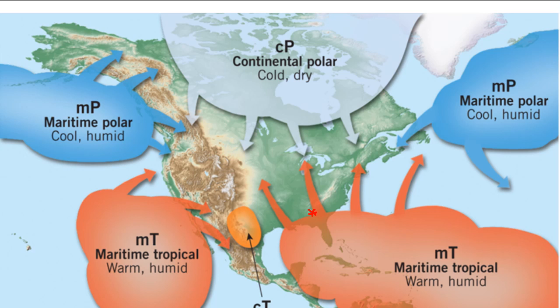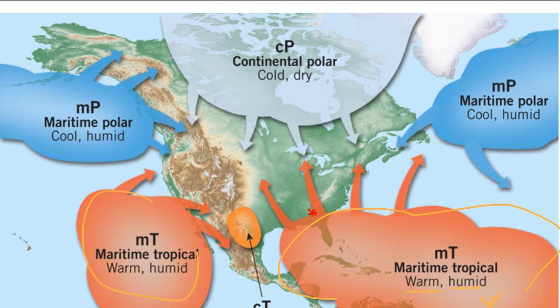You don't have to know the names of these air masses, but what I want to point out is their temperature and their moisture content. So this big one down here, this big red one, is the one that affects us most in Georgia. It's warm because look where it's coming from. It's coming from down here near the equator, and it's humid because look what's underneath it, ocean.